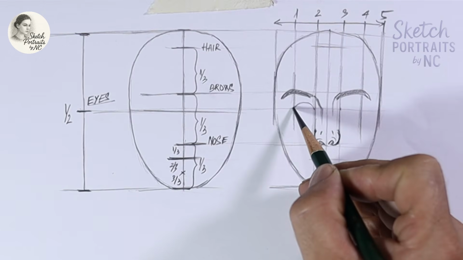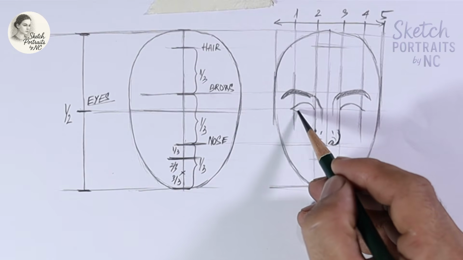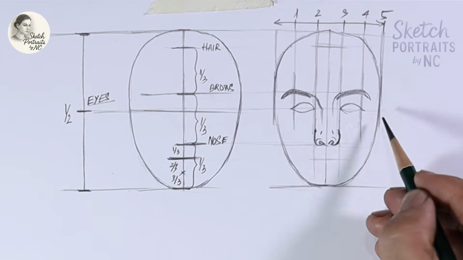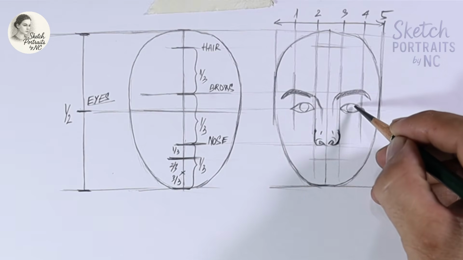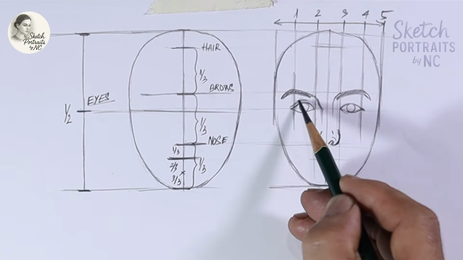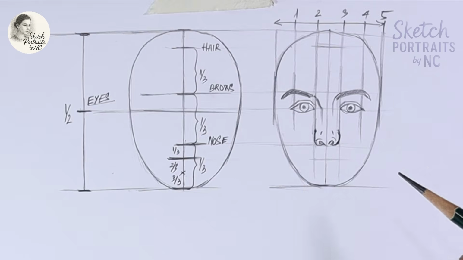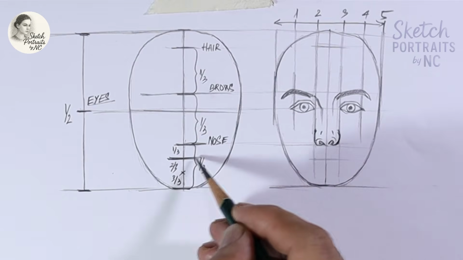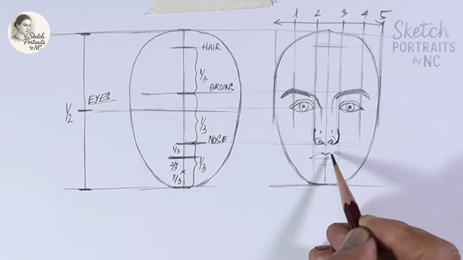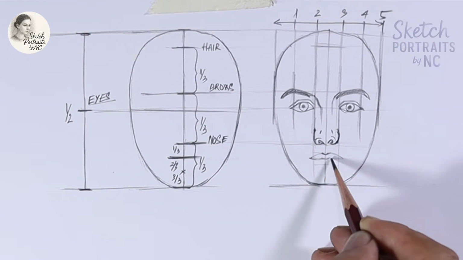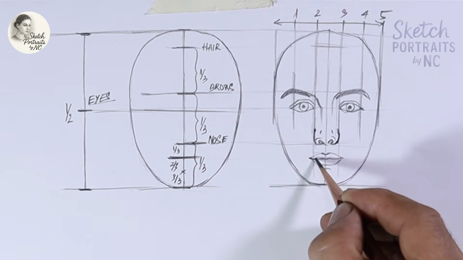When drawing the eyes, note, the width of an eye is equal to the width of the nose. Draw the mouth. The corners of the mouth are slightly wider than the 2 wings of the nose. This creates a natural and balanced look for the face.